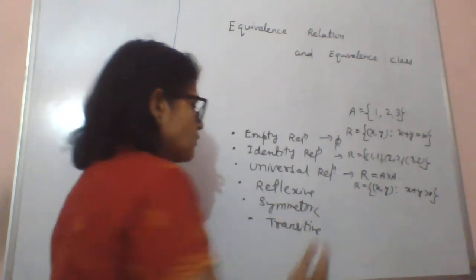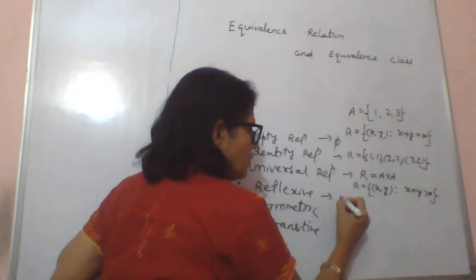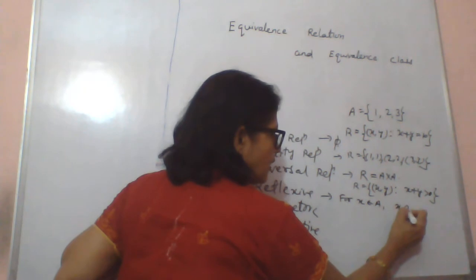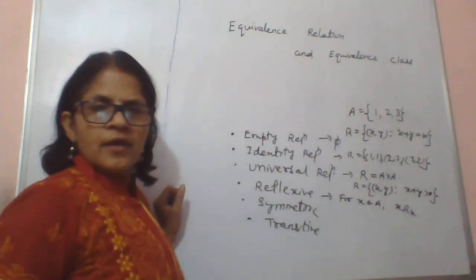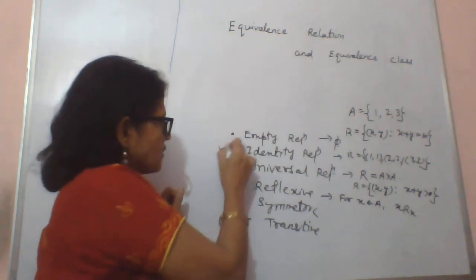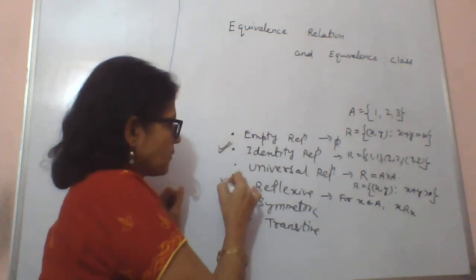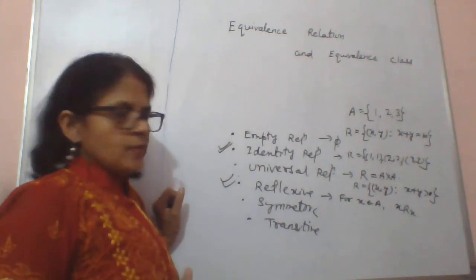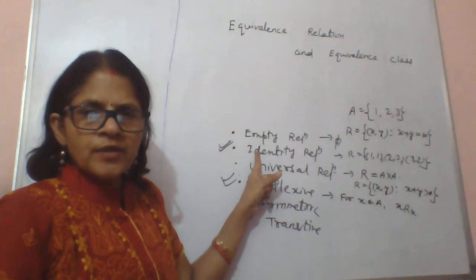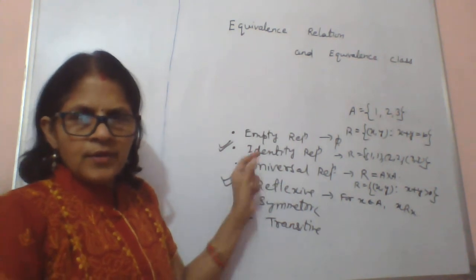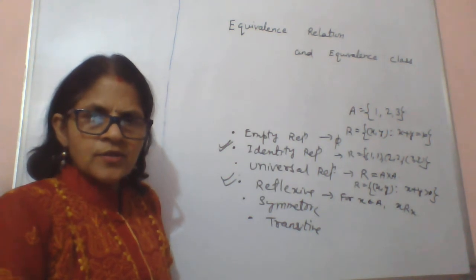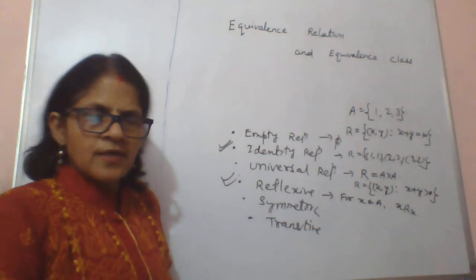Next, reflexive, symmetric, transitive. In reflexive relation we have taken, for x belongs to A, x R x. It means the element is related to itself. Now, what is the difference between identity and reflexive relation? Here also every element is related to itself, but in identity we are very specific in our words: every element is related only to itself.